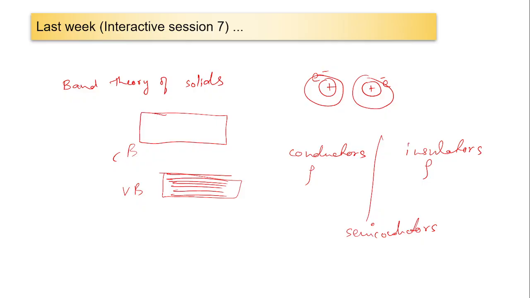That's why we need to understand what is so significant about them, what their importance is. We are going to focus on semiconductors and try to understand what types of semiconductors there are.